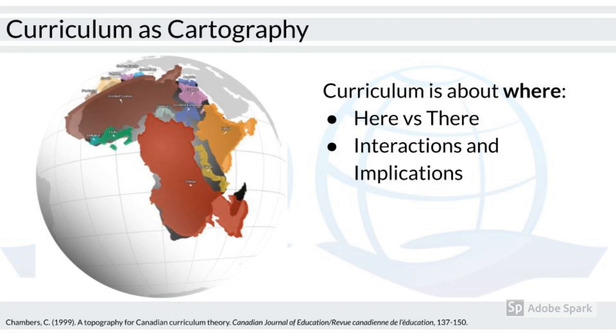Curriculum must help us to understand the interactions among different people who might answer questions of who am I and where am I differently. And Canadian curriculum theory cannot ignore the echoes of colonialism that linger. The hegemony of Anglo culture continues. If textbooks are about somewhere else or somebody else, how can you understand who you are?